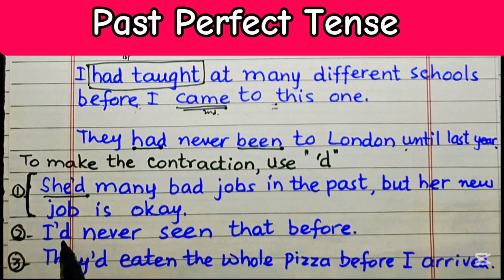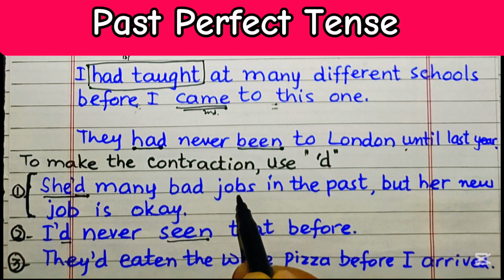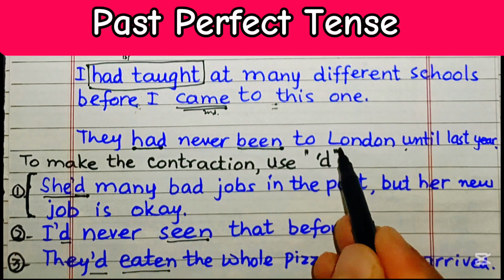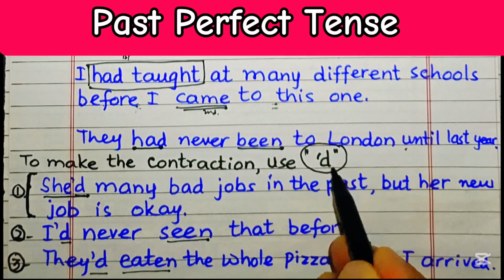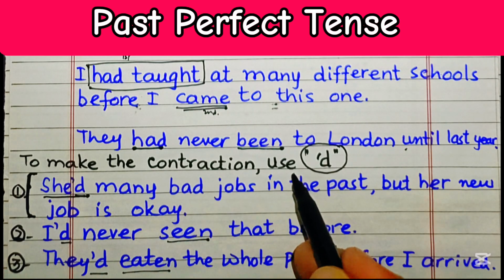They'd eaten the whole pizza before I arrived. They had eaten, this is past perfect tense. So we may contract the subject and had together, and then we use this apostrophe d contraction.